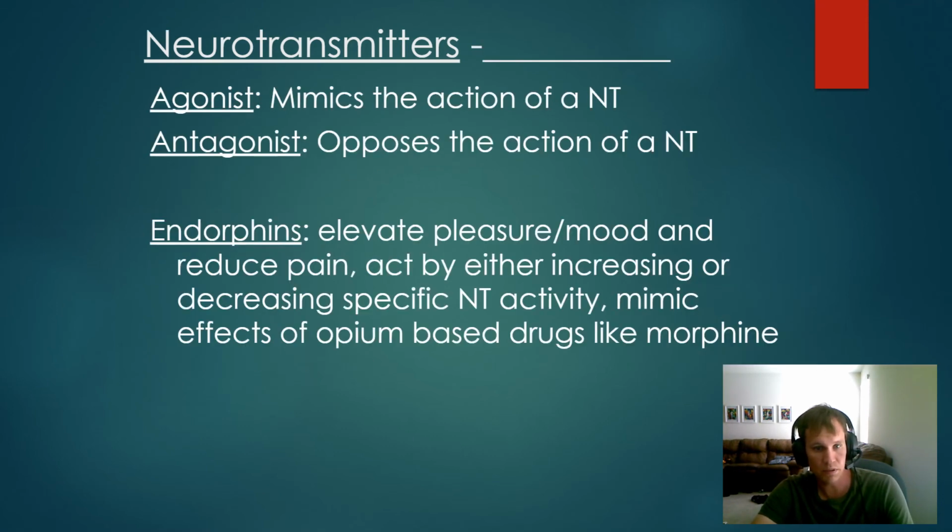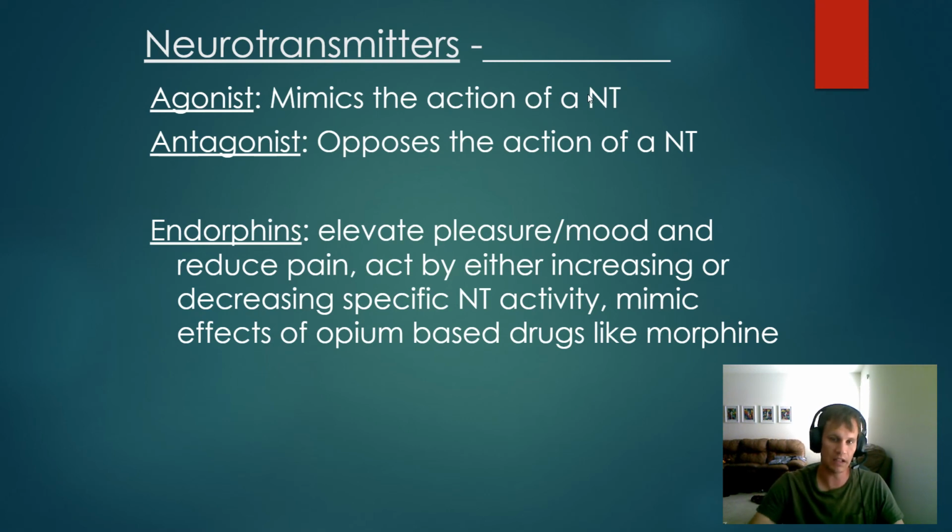Now, with that being said, there are other substances that can mimic neurotransmitters. This is what happens when you take a medication. This is how it works. An agonist is something that mimics the action of a neurotransmitter.